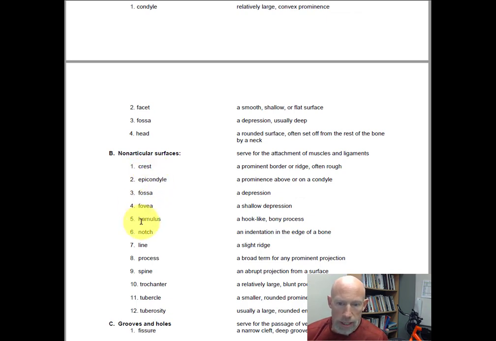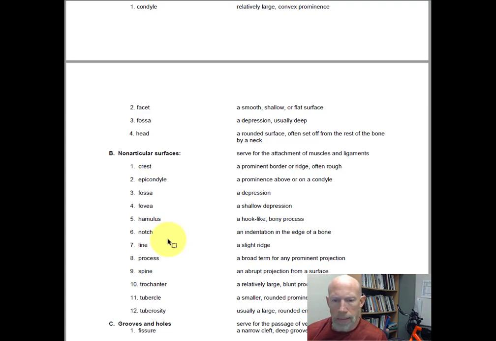A crest, for example, a line, a notch, these are all pretty self-descriptive, and that does help with knowing them. Now, there are some that are pretty similar in terms of what they're describing. So there is a certain amount of memorization to this, but still knowing some of that does help you when it comes to identifying the different markings on the bones.